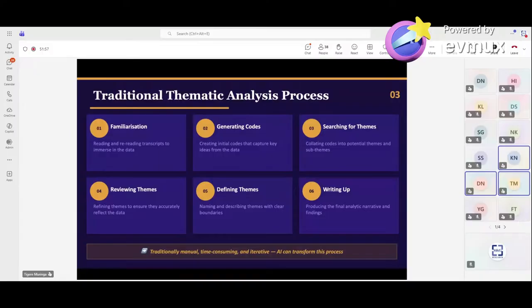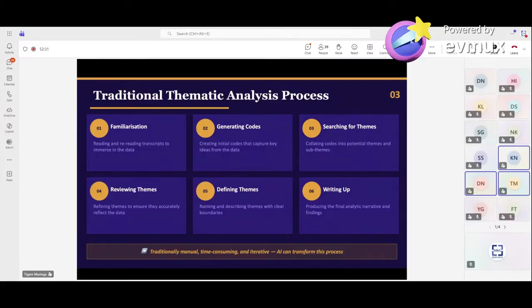Normally there are 6 steps that you have to take to conduct the traditional thematic analysis approach. Like I said, the traditional approach provides the foundation, an entry point for us to do the same approach on LLMs and generative AI platforms. So the first one is familiarization, where you would read and reread transcripts.